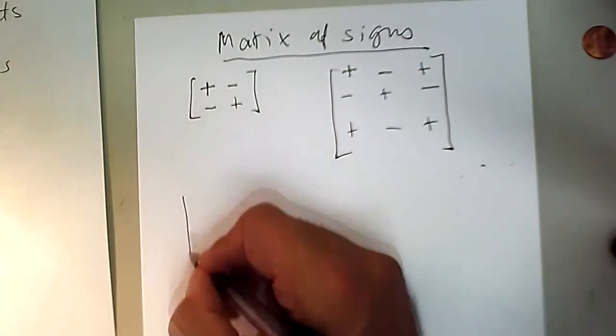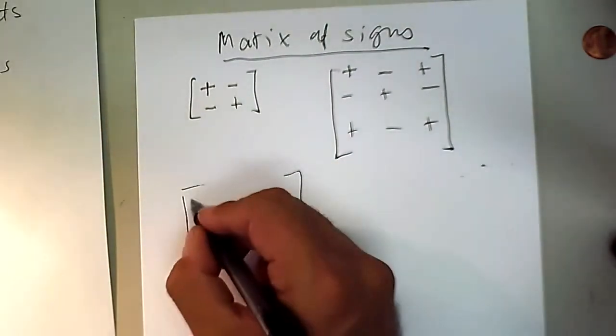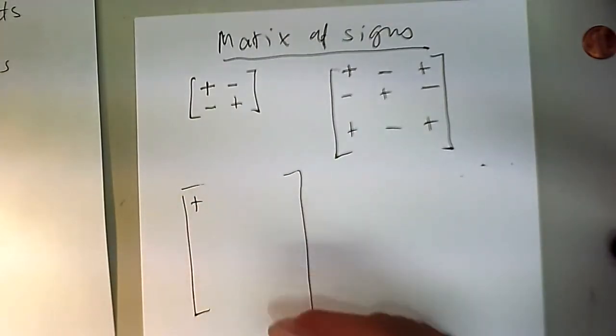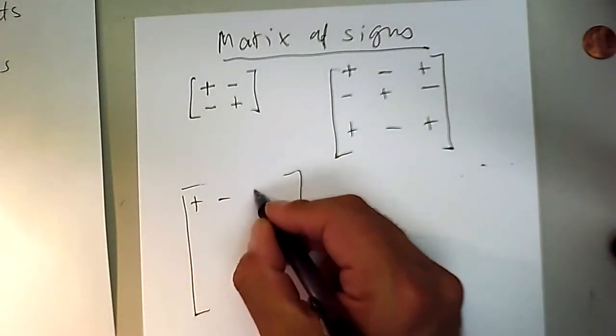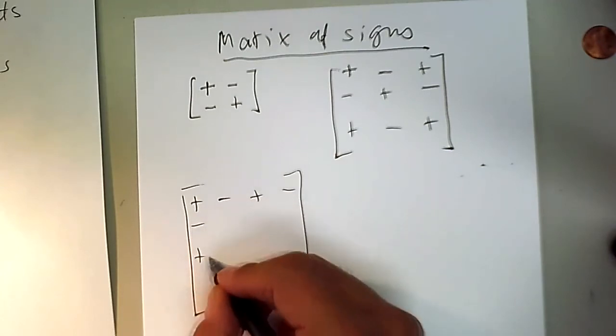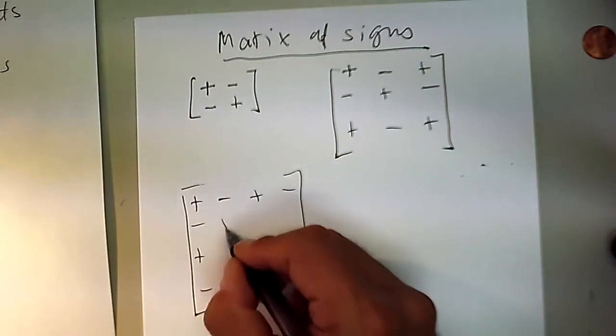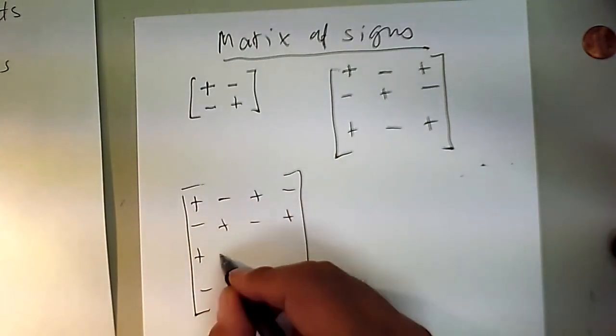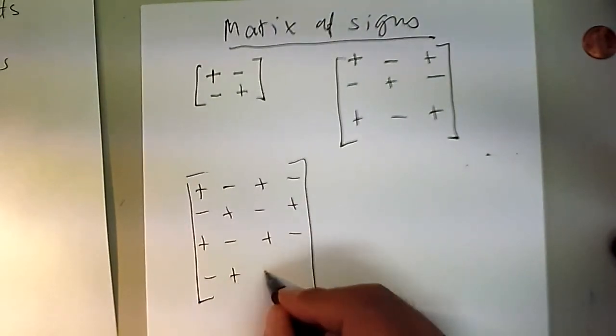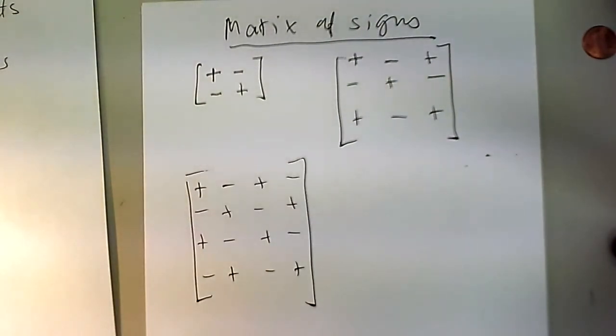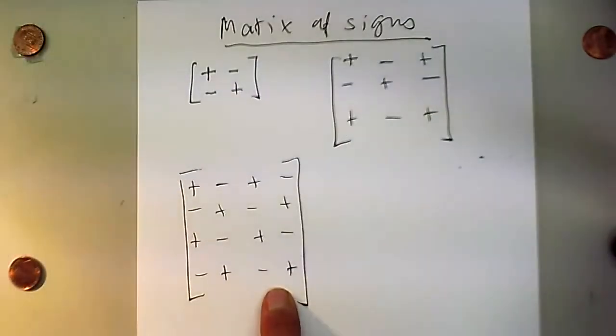A 4 by 4, same thing. Start with that and then alternate everything else: plus, minus, plus, minus, minus, plus, minus, plus, and so forth. We're going to use this.